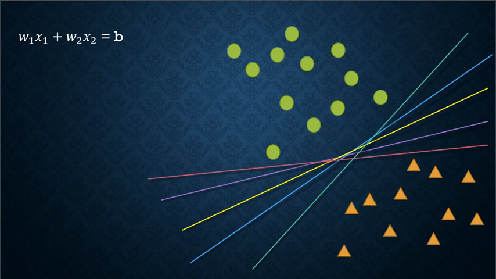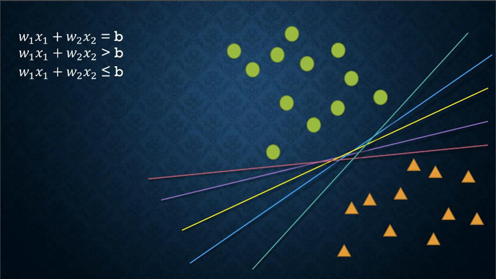The classification rule of a linear classifier is to assign a document to some class c if the left part is bigger than b. If the left part is less than or equal to b, then the document is assigned to the complement of that class. By doing this, the boundary is made.